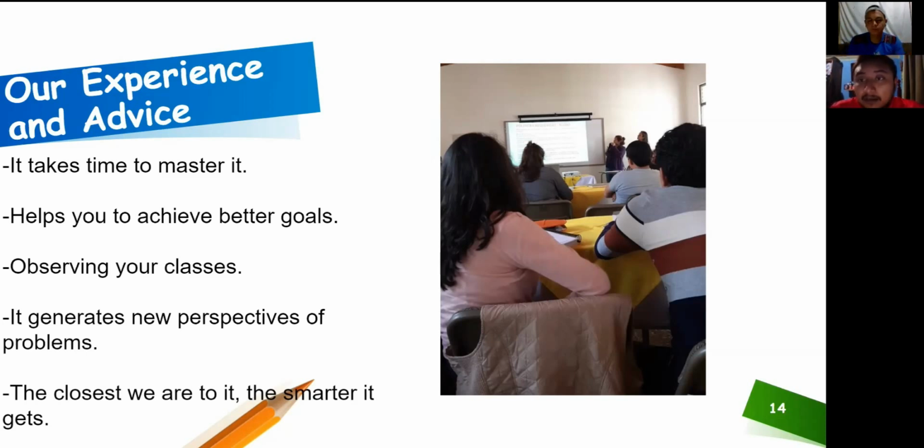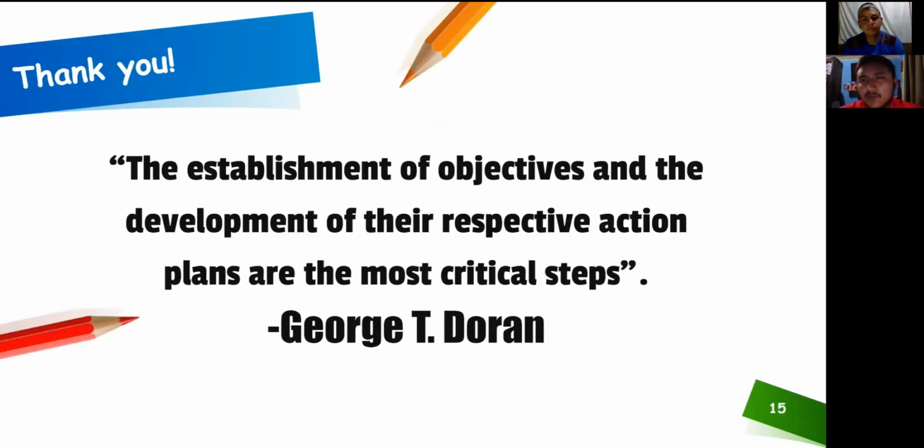You have new solutions. You can adapt your classes in a better way, and it also gives you a clear path for all the objectives that you set for your lessons. And that pretty much would be all the theory and all the complete knowledge behind the SMART objectives and the SMART criteria.